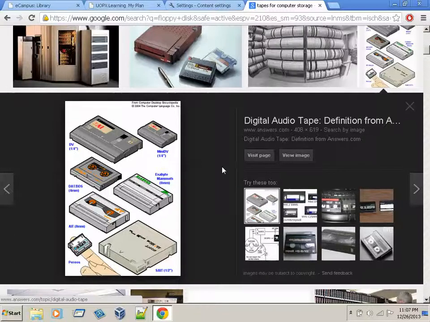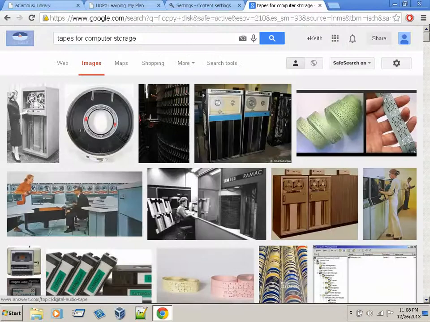And there's tons of different types of tapes, I think like 10 to 20 different types. So you'd have to take your time to see what kind of tape or tape drive you need.